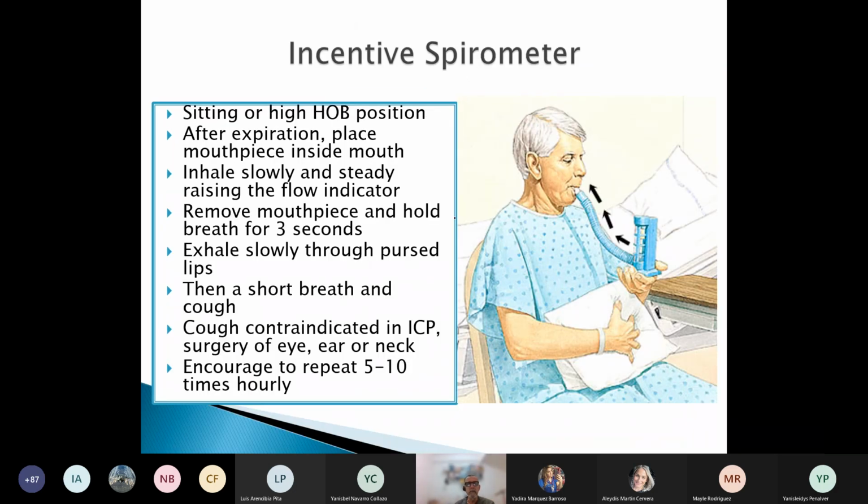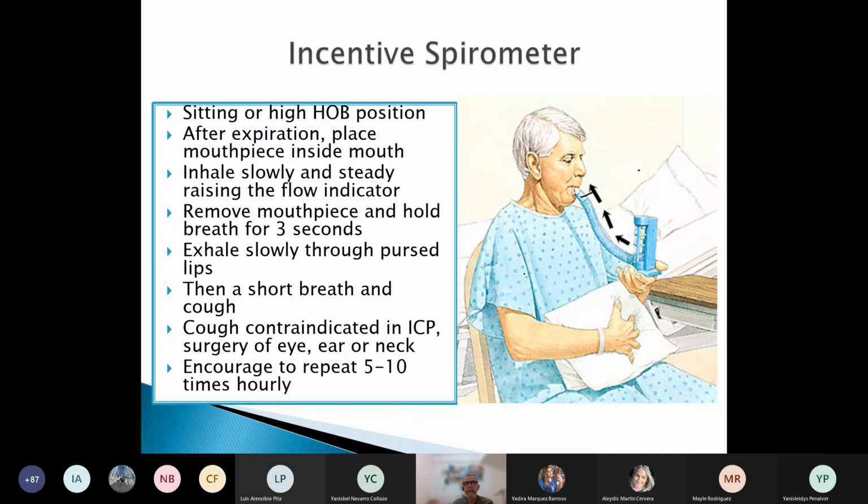Don't forget that the incentive spirometer is used to breathe in, and the steps to use it are frequently tested. Incentive spirometry is super important and needs to be taught to the client to be used properly. It always needs to be used when the patient is upright. The patient will breathe in the air through the device. After the patient breathes in as much air as possible, remove the device from the mouth and hold the air for about 5 seconds.